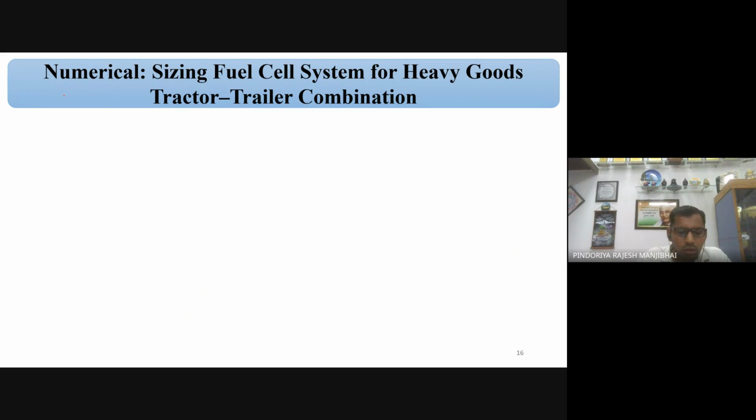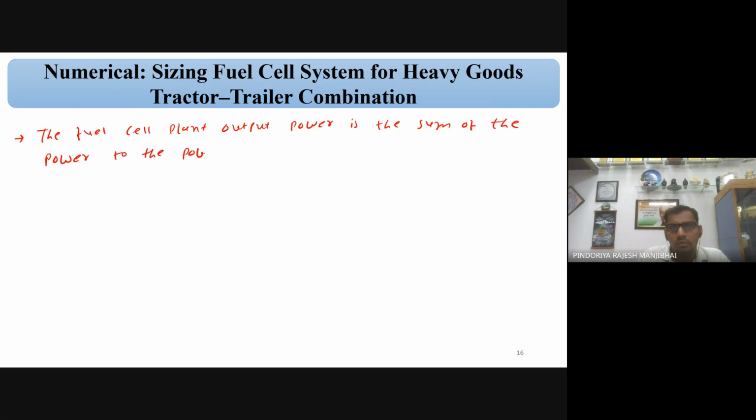Next, the fuel cell plant output power. To the powertrain plus the auxiliary power.